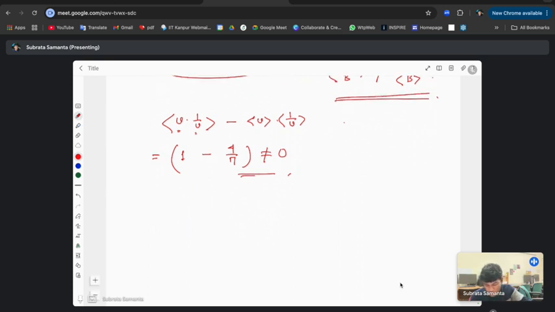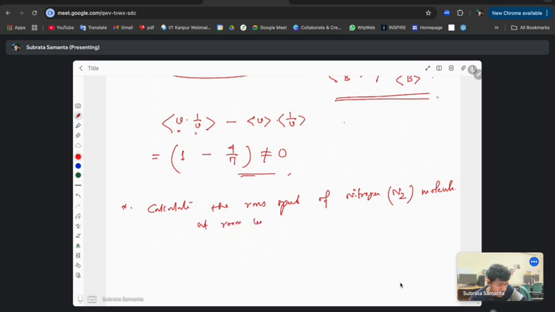There is also one problem in the assignment: calculate the RMS speed of nitrogen molecules at room temperature. Basically T is around 300 Kelvin.